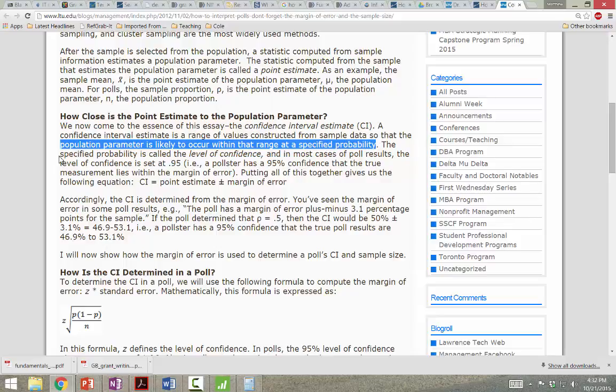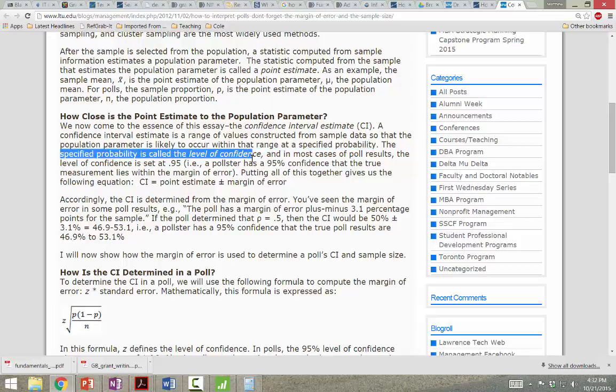The specified probability is called the level of confidence. And in most cases, certainly with regards to polls, the level of confidence is set at 0.95. You'll tend to see that because the poll results will always tell you something like 95% confidence or margin of error determined at 95%.